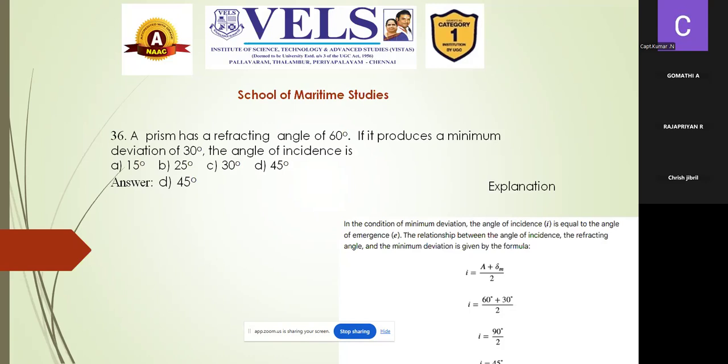The minimum deviation delta m is equal to 30 degrees. We need to find the angle of incidence. So I is equal to (A plus delta m) divided by 2, which is (60 plus 30) divided by 2. So the angle of incidence I is equal to 45 degrees.